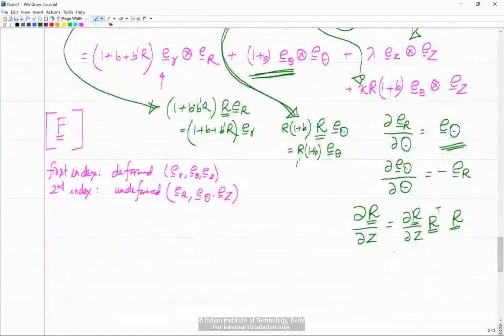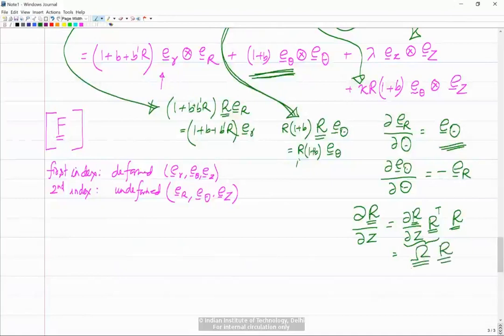And this thing will give you a skew symmetric matrix. Let us say big omega, a skew symmetric matrix, into big R. And this will be such that its axial vector is small omega, which will have kappa into E big Z. You have to work it out and you will see that you will get it.